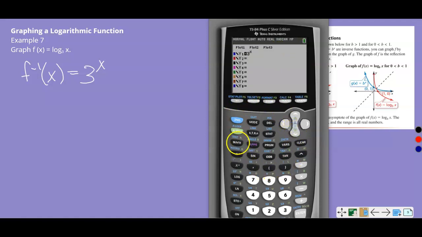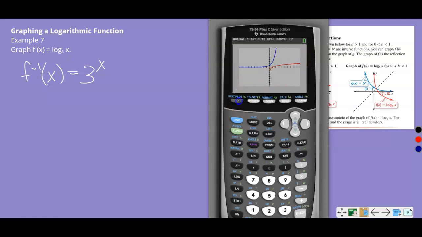I'm going to hit math, go up to log base, enter 3, and it's going to be to the x power, and hit graph, and that's going to graph f of x equals log base 3 of x. So this red function here is the graph of log base 3 of x.